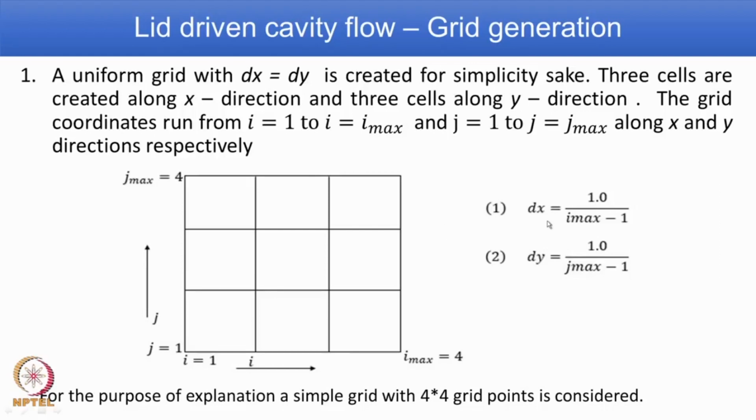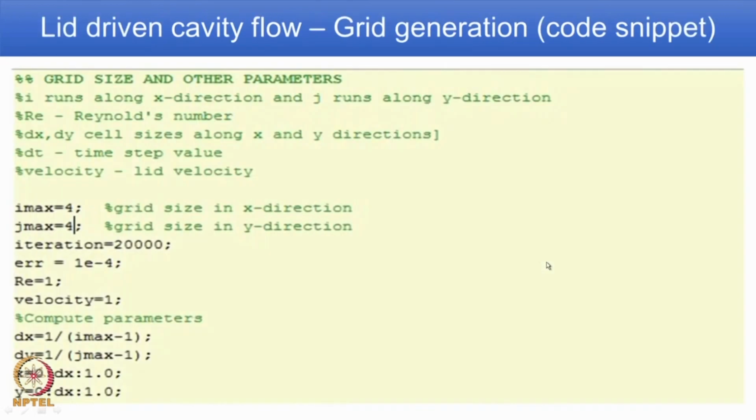So, dx and dy are uniform because we define the number of grids in the x direction and y direction to be the same, that is 4 by 4 in this case. We can find out what dx and dy are. This is the corresponding code that is used to generate the grid.